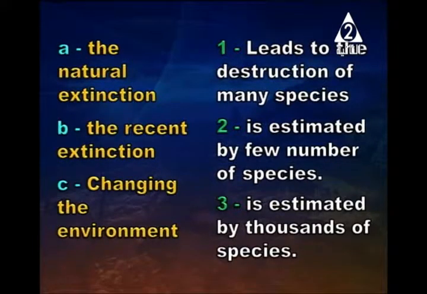For A, the natural extinction is estimated by a few number of species, because this occurred naturally.